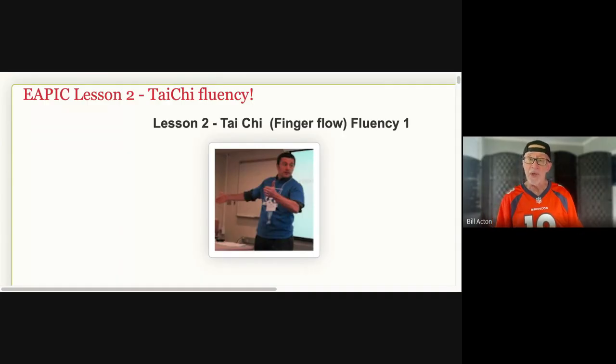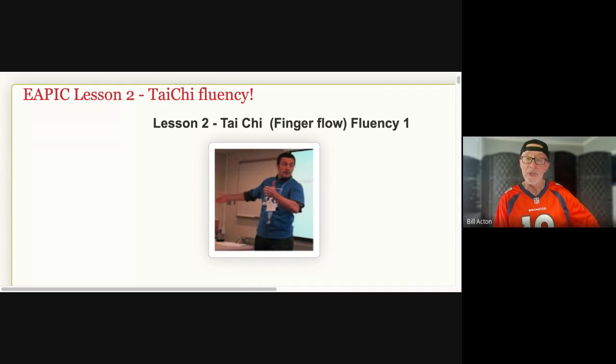So in the EPIC system, there are 2 lessons that deal with fluency. This one, lesson 2, and I think the other one is lesson 8 or 9. Can't remember right offhand. Come back to just focus on fluency.